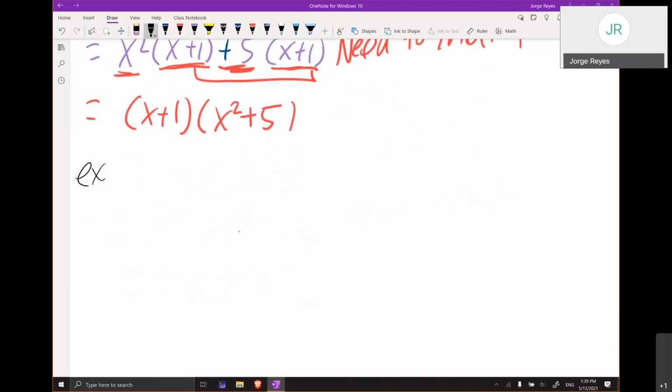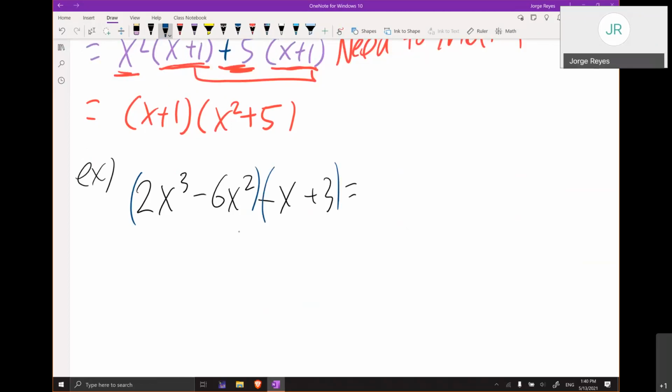One more example of factoring by grouping. Here I have 2x cubed minus 6x squared minus x plus 3. I'm going to group these two.